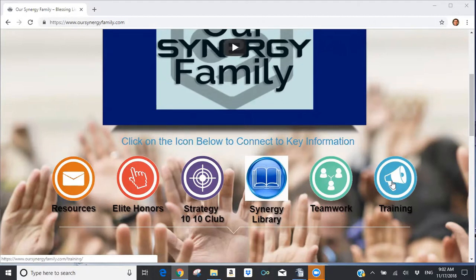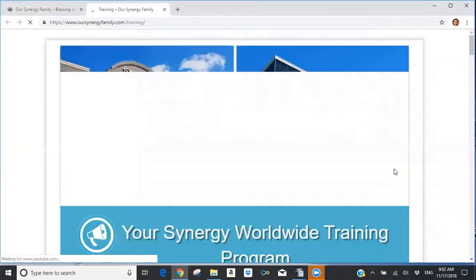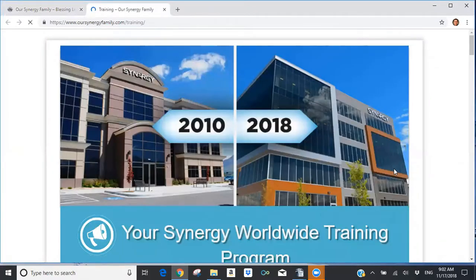Those are the two key icons and two key places that you're going to find the bulk of the material that you need to build your Synergy business. And we're going to spend some time today on the training icon. So if you hover your cursor over the icon, you'll click on that and it's going to take you to our training page for Synergy Worldwide.